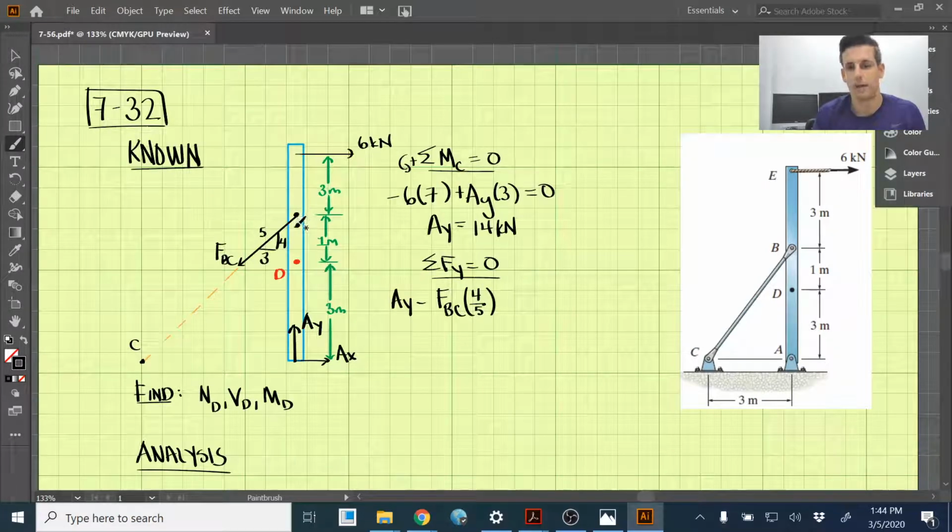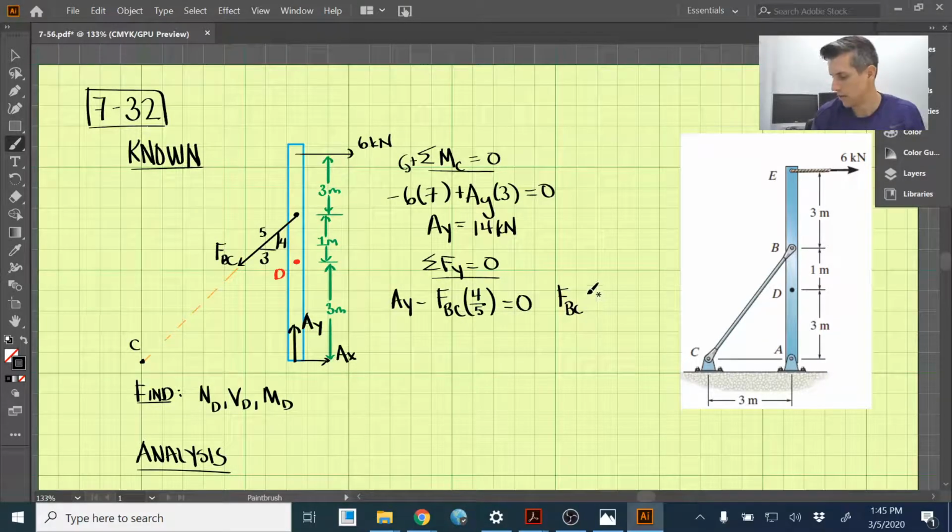Nothing else. So we know AY already is 14 kilonewtons, so FBC comes out to be 17.5 kilonewtons.